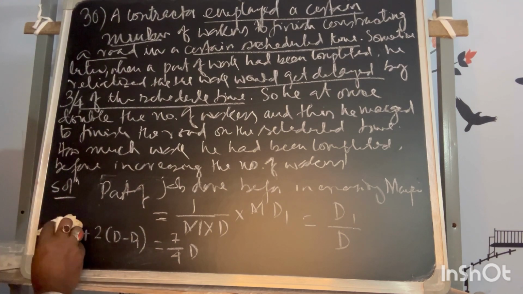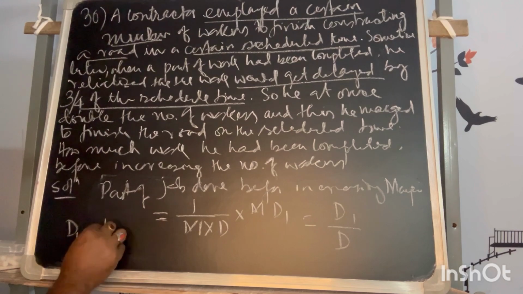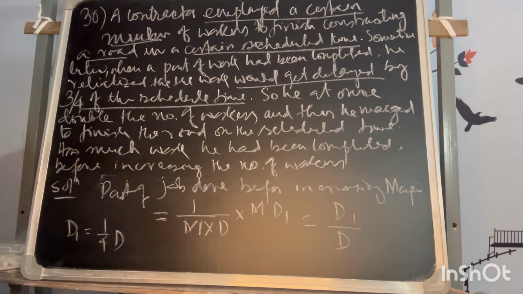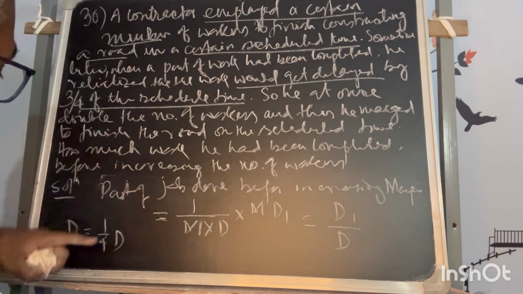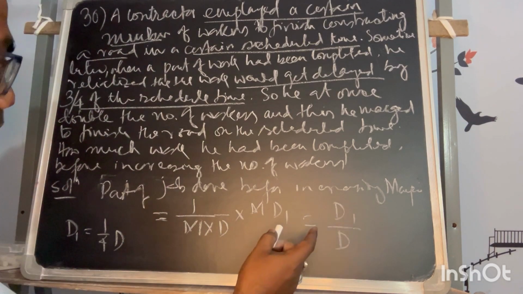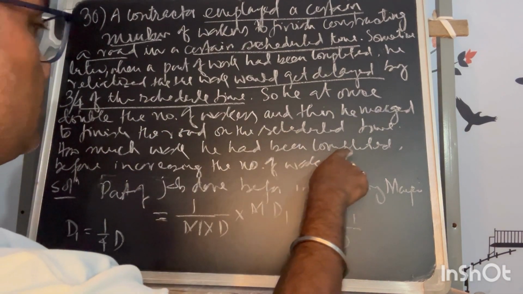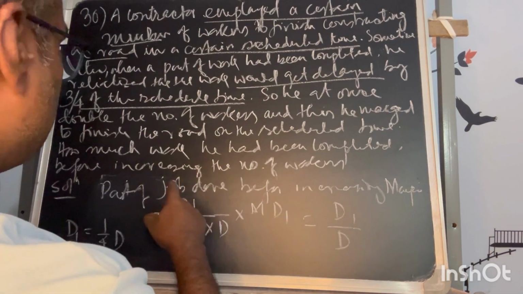That means D1 is equal to 1/4 D. D1 is the days. So fraction of work completed before increasing the number.